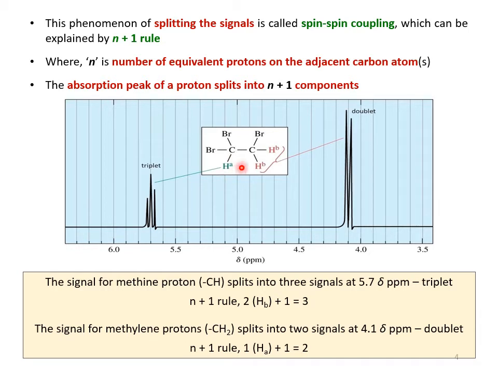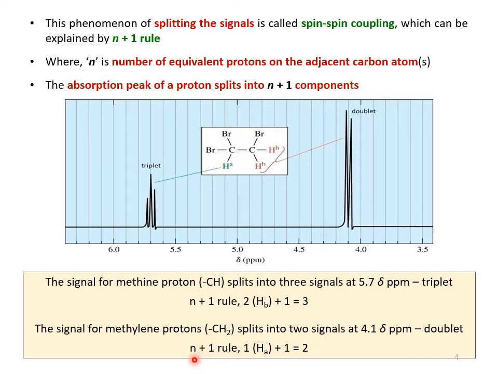If we apply the n+1 rule, n is 1 for these methylene protons because the adjacent carbon has one proton attached.